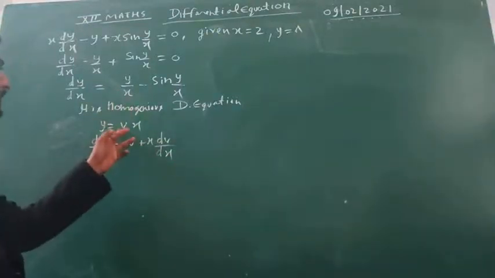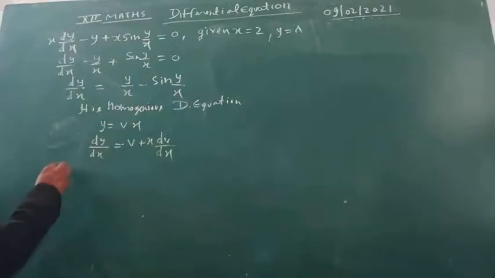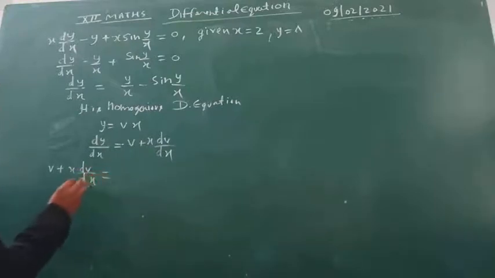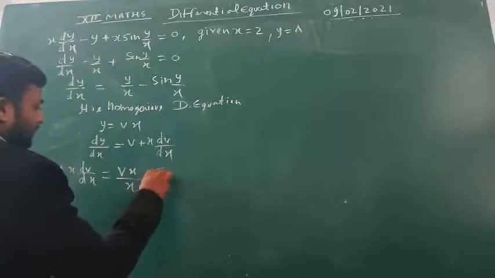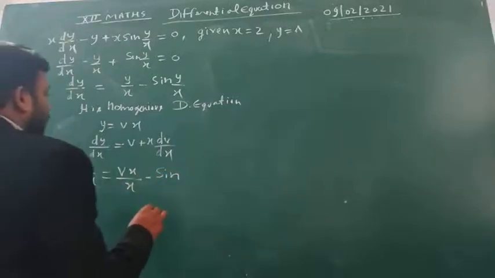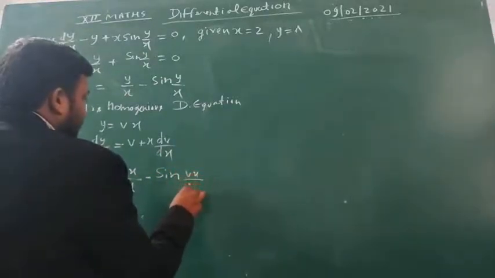In place of y, we write this. So we can write here, students, v plus x dv by dx is equal to vx by x minus sin of vx by x.